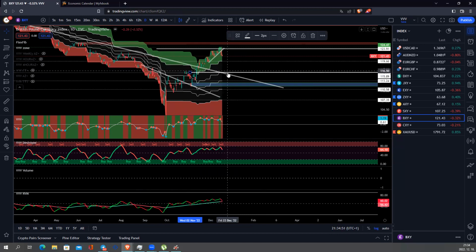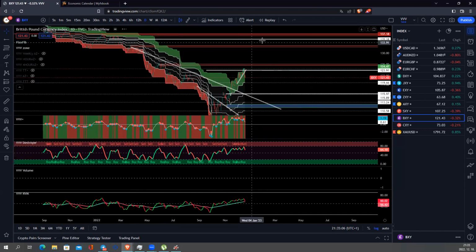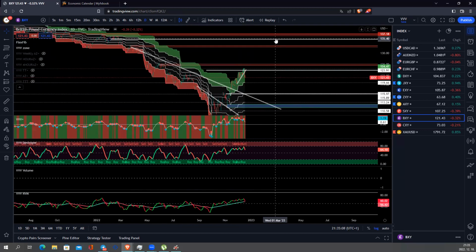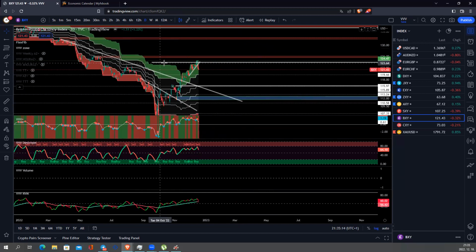So yeah, this is my next target zone, and it will be a nice cross back to the trend line actually, and then a following movement up. This here is my second target. Maybe like this will be even better.